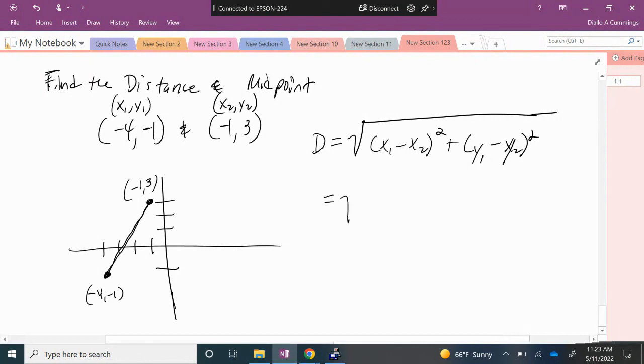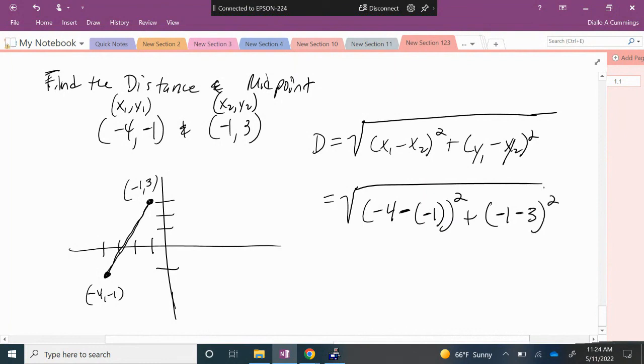So the distance is equal to the square root of x sub 1, which is -4, minus, because there's a minus in the formula, x sub 2, and since x sub 2 is -1, I must make sure that I substitute in a -1, plus y sub 1, which is -1, minus y sub 2, which is 3, quantity squared.